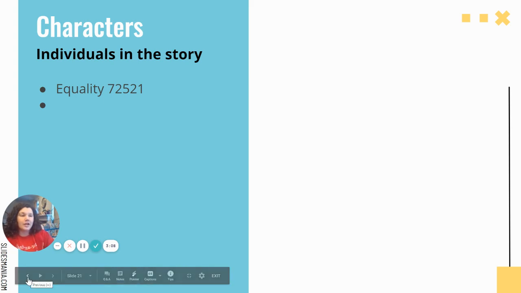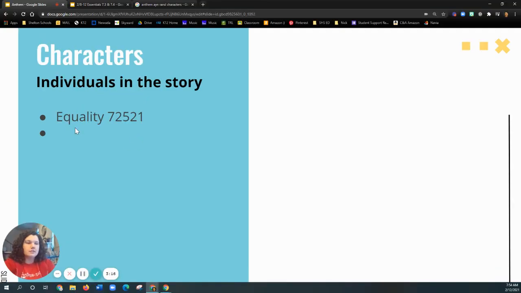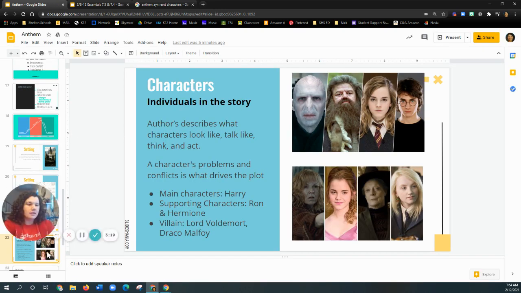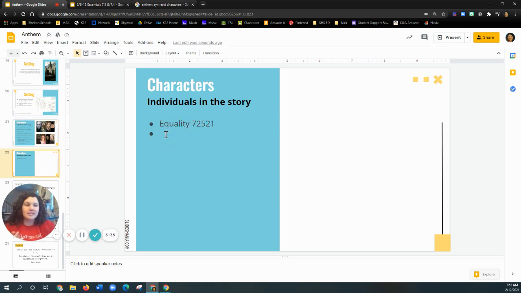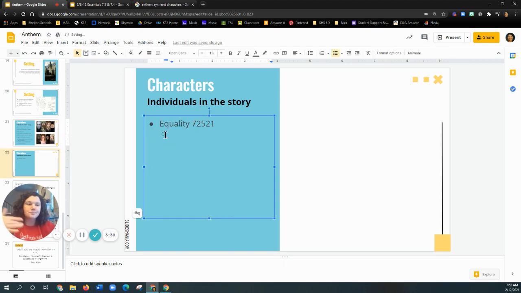We also have characters. We have Equality 72521 as our main character. Characters are the individuals in the story. They're what the author describes. They tell us what they look like, how they talk, how they think, and how they act. Here are some examples with Harry Potter. However, it's more applicable to try to piece that together for our characters.